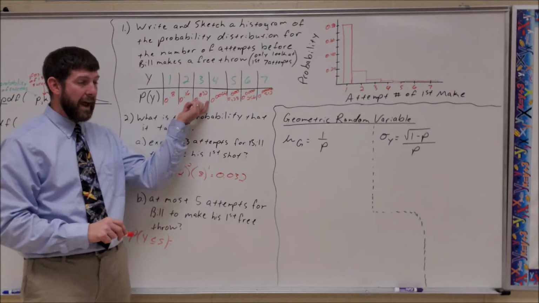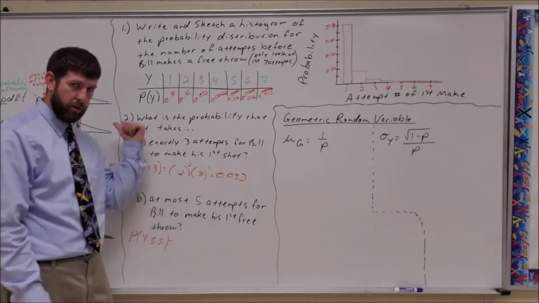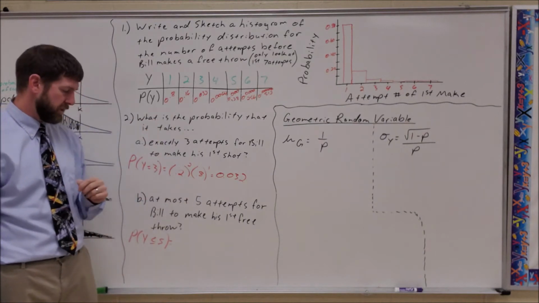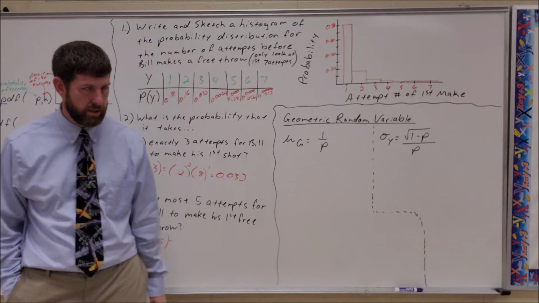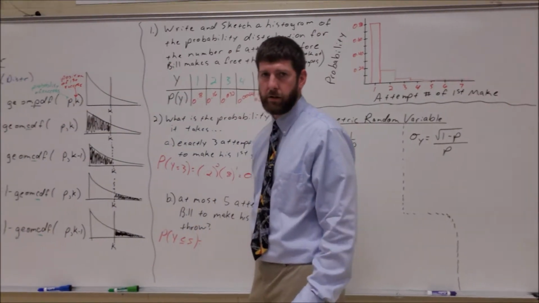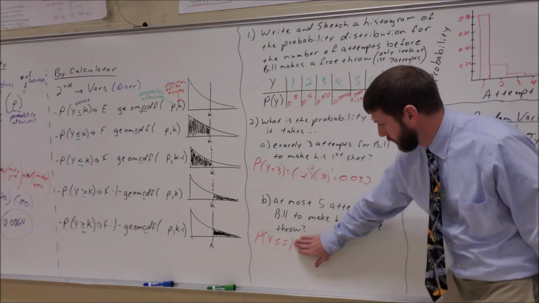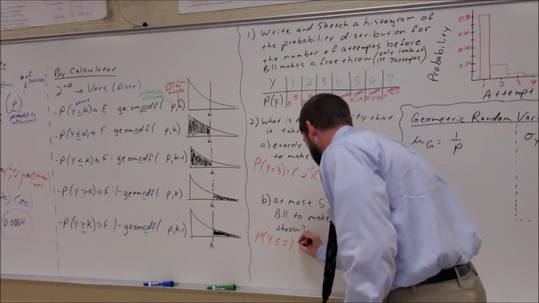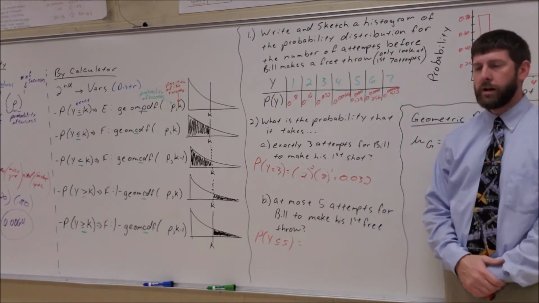We could do it by adding up right here, or we can go in and do our geometric CDF. I'll give you guys a second to work through that. Let's put it back over there so you can see the formula. Calculate the probability that it takes him less than or equal to 5 shots to finally make one. And I'll wait right here.